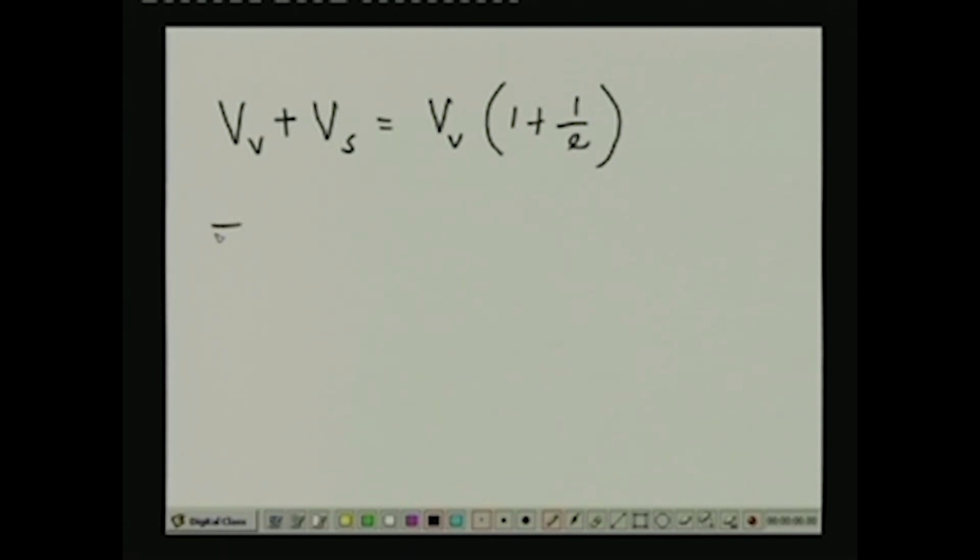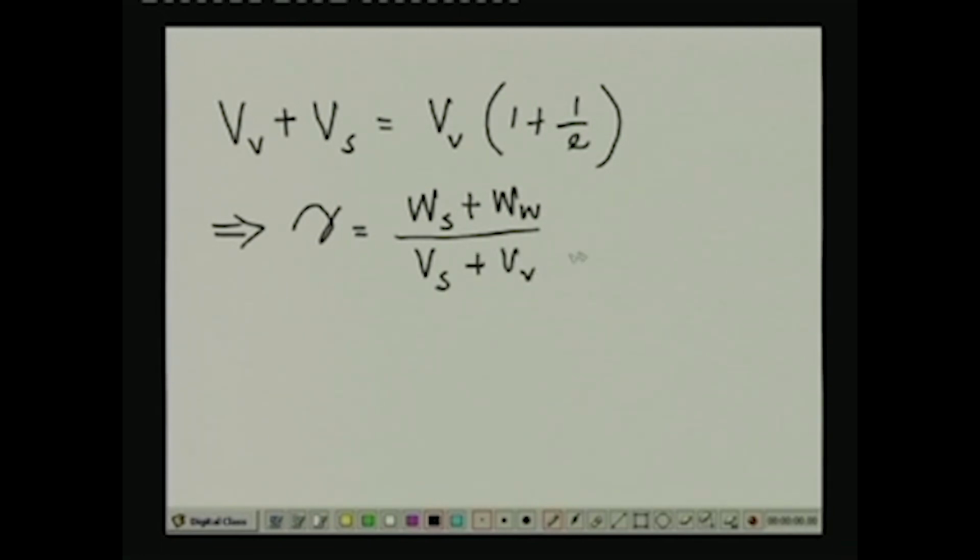Then we can calculate the bulk unit weight as W_S plus W_W divided by V_S plus V_V. This is from the definition that we introduced earlier. That is going to be given by 1 by e, using the results that we derived a few seconds back.